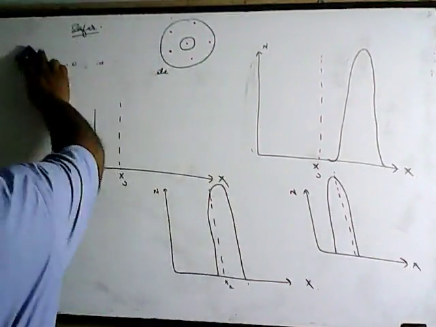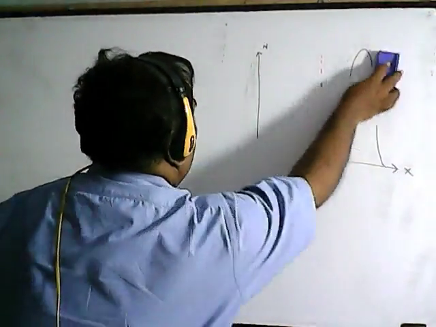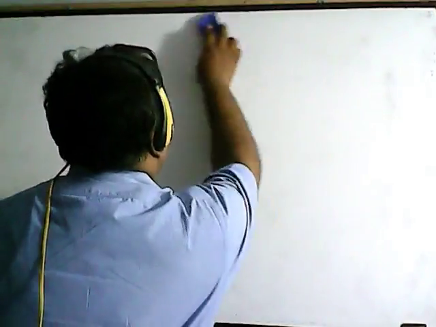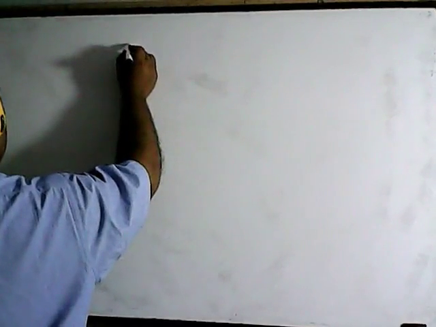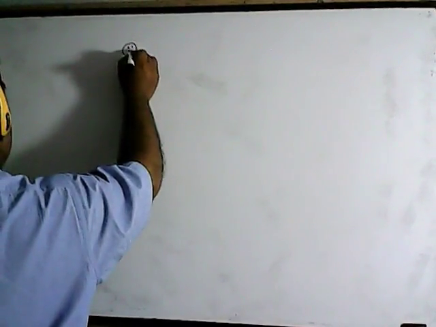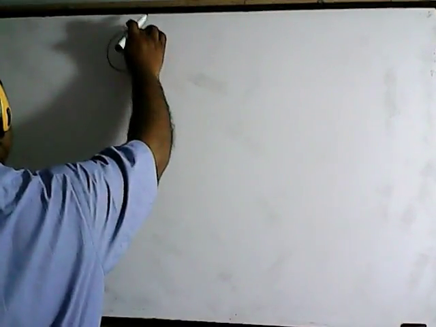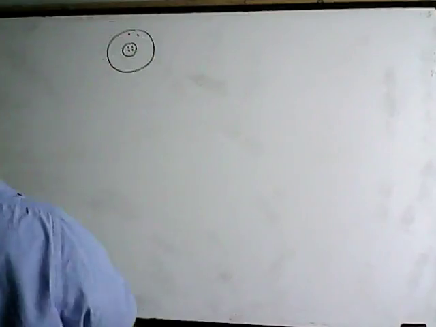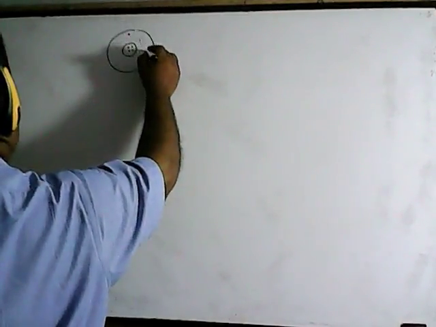Now let us see what happens for Naveed. Naveed actually hit 4 bullets in the target, and he only hit 2 outside. Suppose this is the target. Naveed hit all 4 bullets here, and this one is here, this one. Or he may have hit here, suppose.